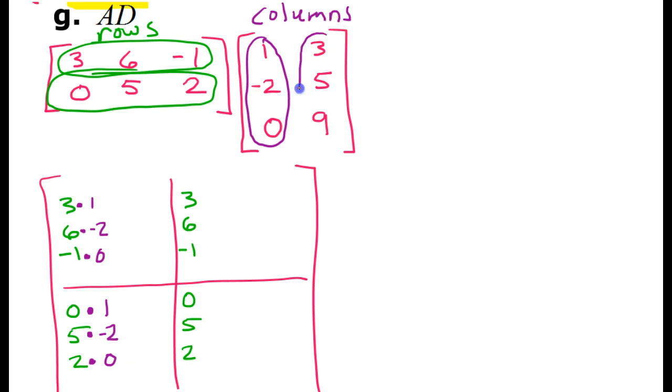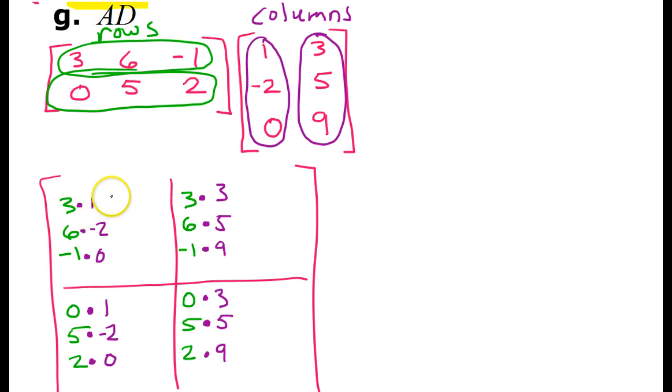And now let's do column 2. Column 2 goes throughout column 2. So here we will have 3 and 5 and 9. All this is multiplication. And again, 3 and 5 and 9.